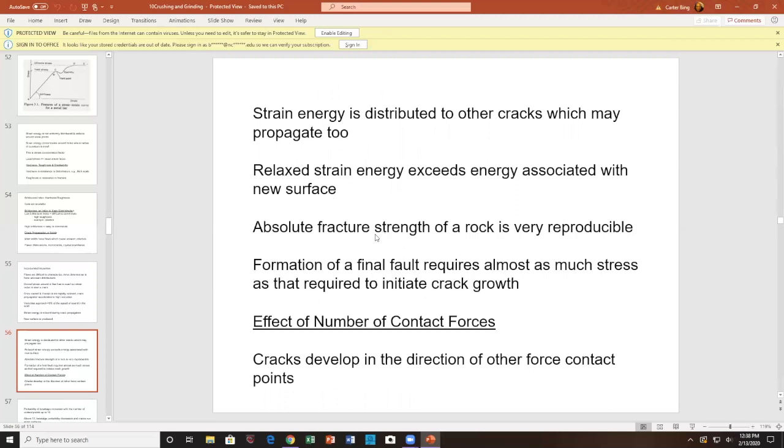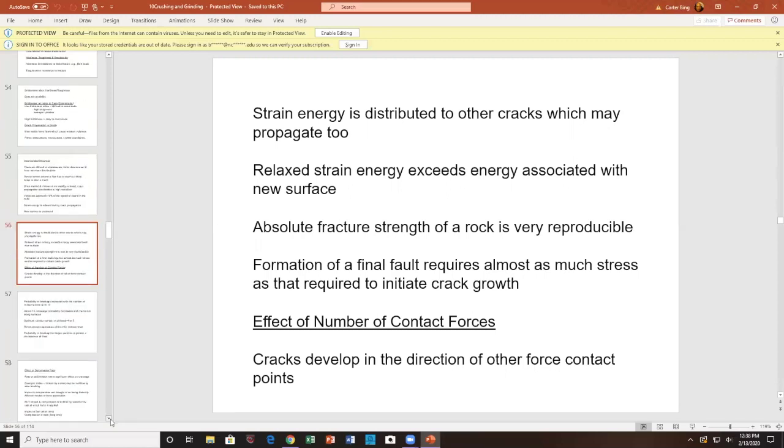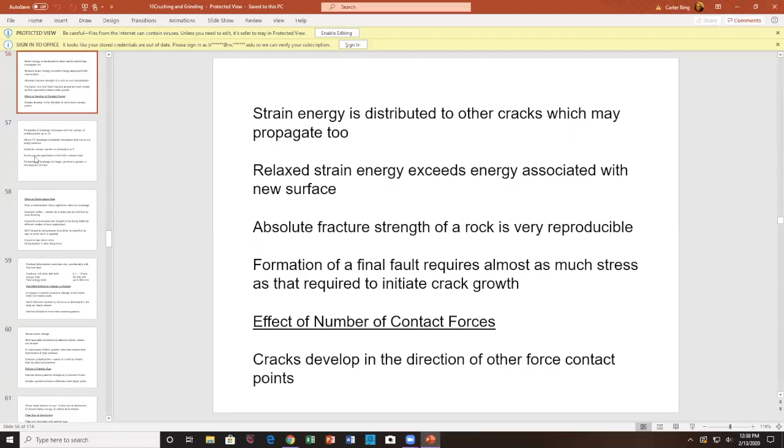Absolute fracture strength of a rock is very reproducible. It's interesting: formation of the final fault requires almost as much stress as that required to initiate crack growth. That's also interesting. Some of these are quite interesting statements. Cracks develop in the direction of other force contact points.